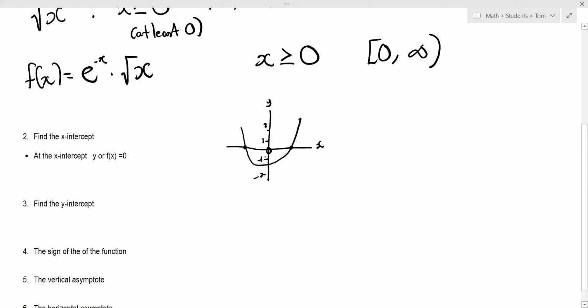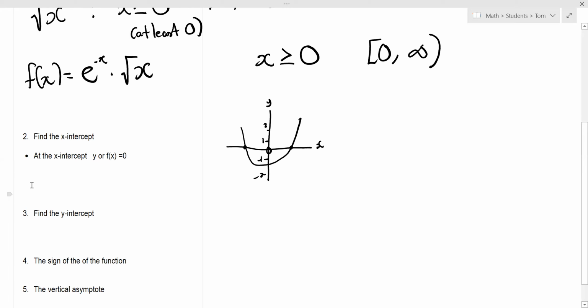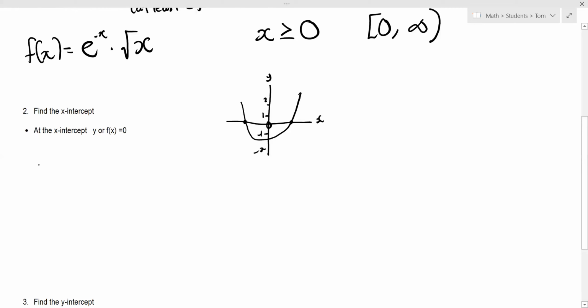This is the origin, 0, 0. So at the x-intercept, y, or f of x, is equal to 0. So we just have to equate. Now f of x will be equal to 0, so e to the power of negative x times the square root of x is equal to 0.